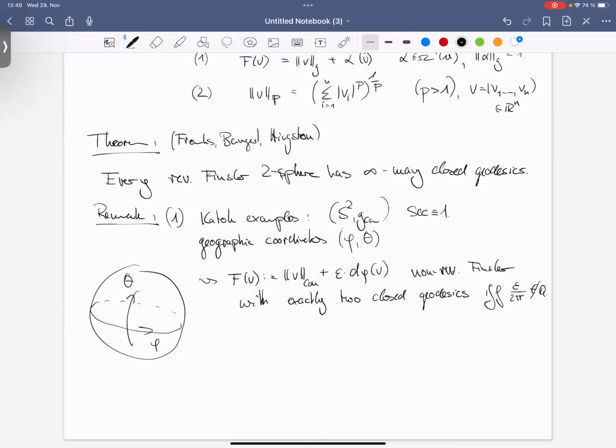So the closed geodesics you get are the equator in one direction and the equator in the other direction. They are counted differently here because it's a non-reversible Finsler metric, so they have different lengths. And all other geodesics are twisted great circles.